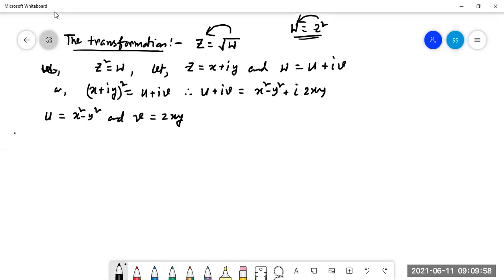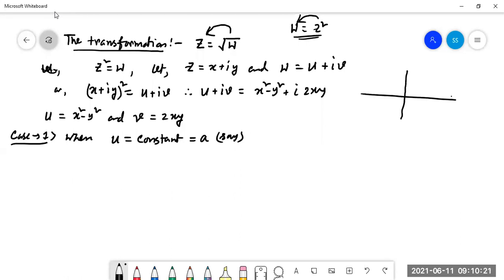Now, case 1: when U equal to constant, say equal to some A. U equal to constant means a straight line in the W plane.